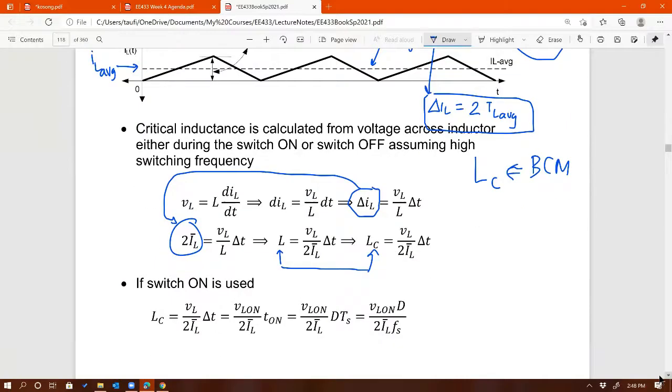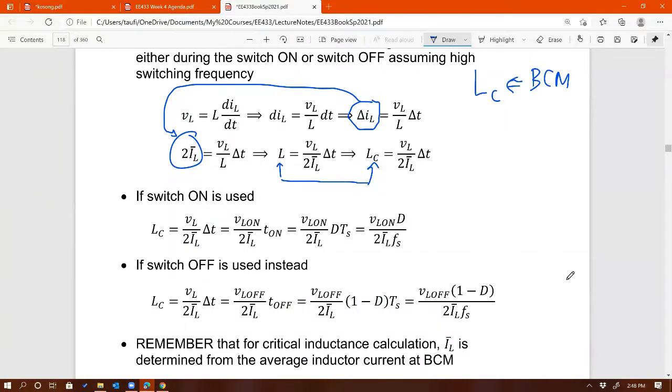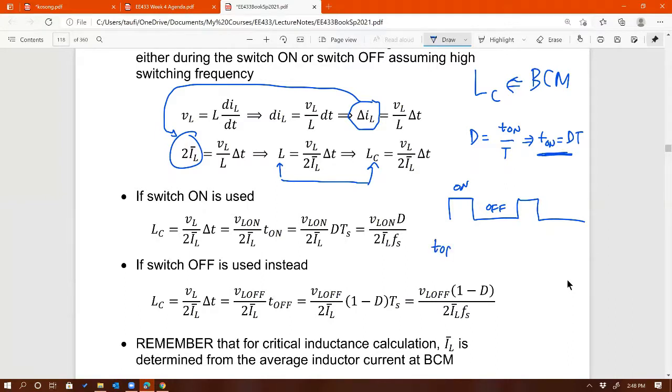Now, if the switch on time is used, remember we have on and off, the pulse that we send to the switch, on, off, and on. Remember, duty cycle is equal to T on over T, right? So therefore, T on is equal to dT. So the on time of the switch is equal to dT, whereas T off, the off time of the switch, from here to here, should be equal to the entire period T minus T on.